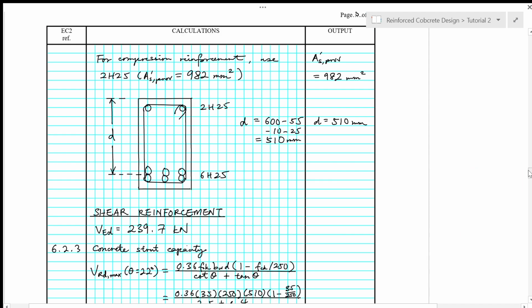For the compression reinforcement, as mentioned just now, we use 2H25, so As prime provided is 982 square millimeter. Now we can calculate the new effective depth based on the arrangement of steel that we have. The new effective depth, which reflects the actual design situation, is 510 mm.